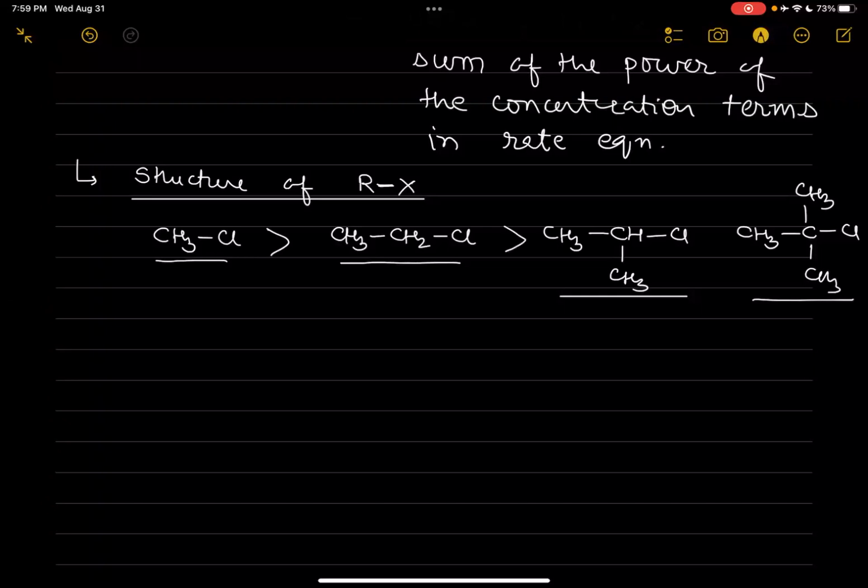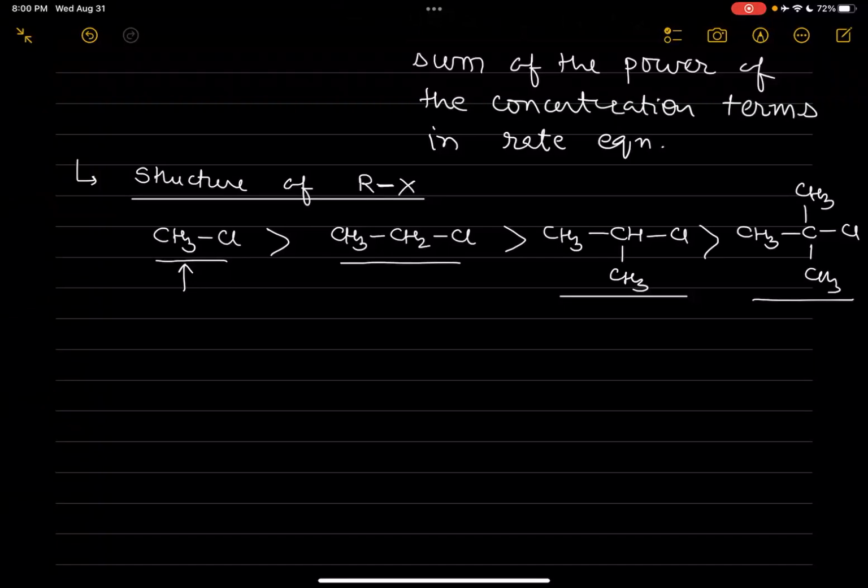And as you are increasing the branching, you are replacing these hydrogens by methyl groups, the reaction is becoming more and more branched, more and more bulky. So the speed of the reaction is going to come down.